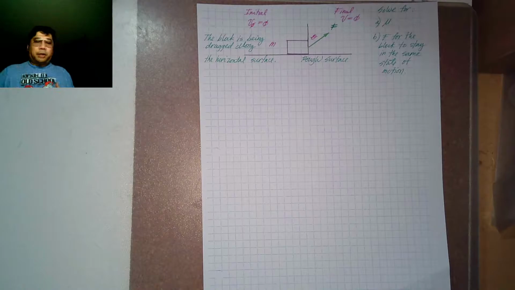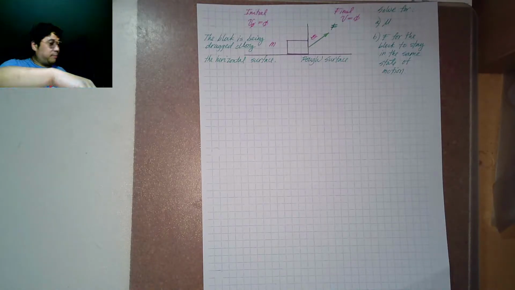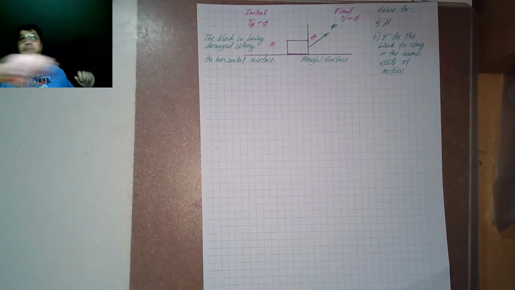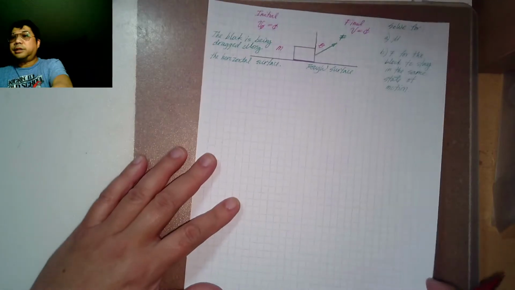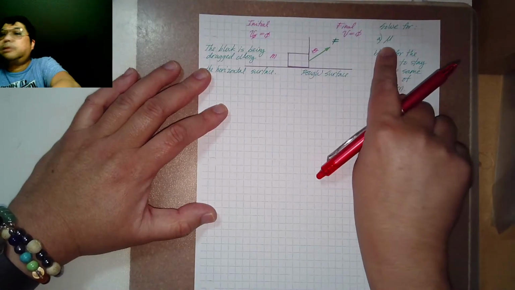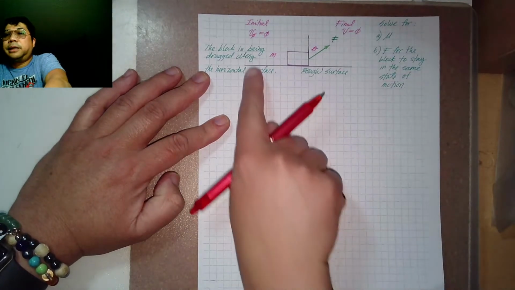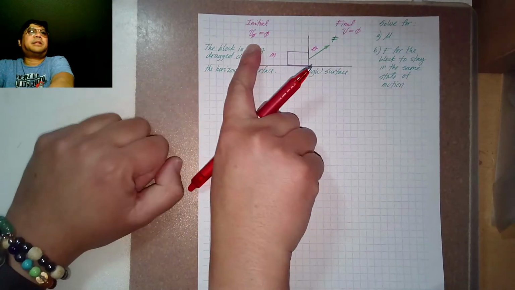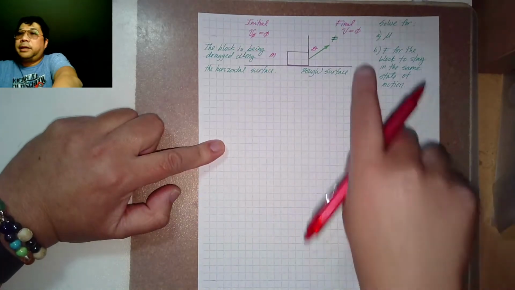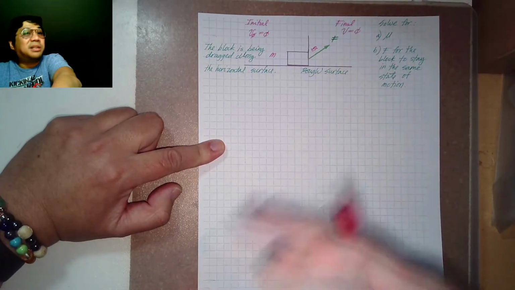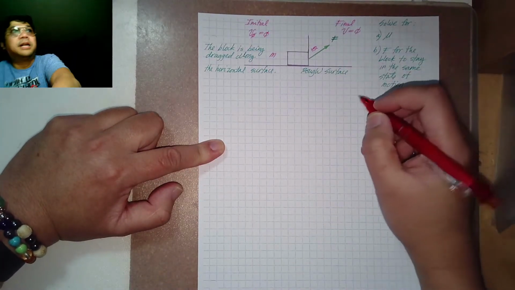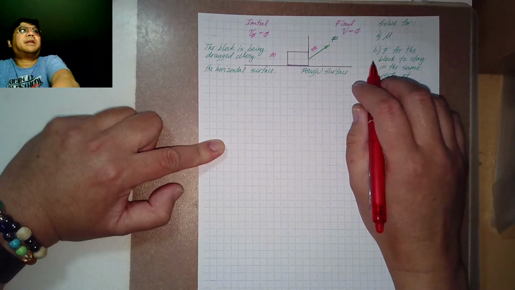Okay, so if you notice, we have the same requirements in the question. We are going to be solving for the coefficient of friction. Since the initial condition is not moving, and then the final condition is still not moving, there's no change in motion. In this case, it's static.